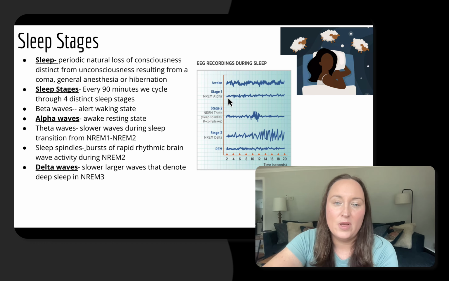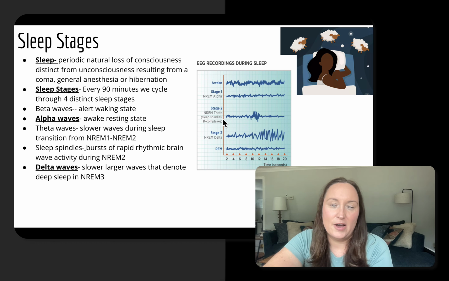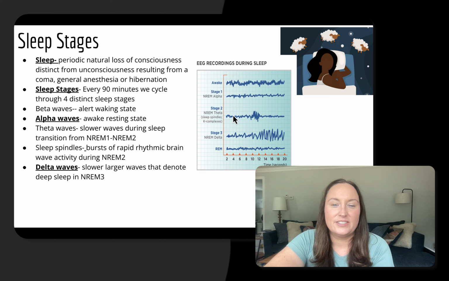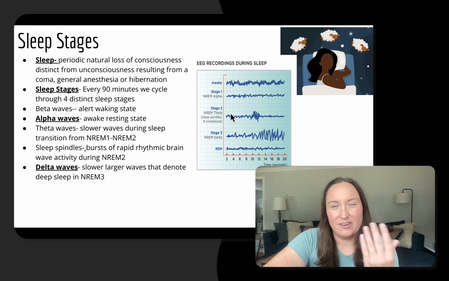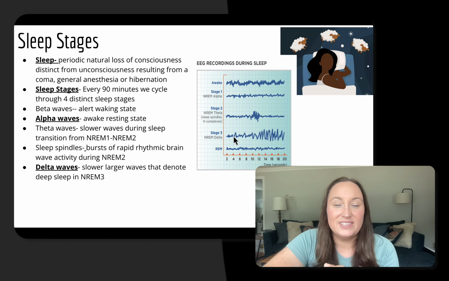We go from stage 1, which is falling asleep. This is non-REM 1. Then we go into non-REM 2, which is this middle state of sleep, right? And then the deepest sleep is stage 3.